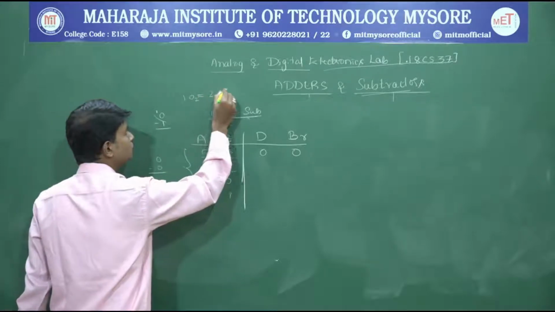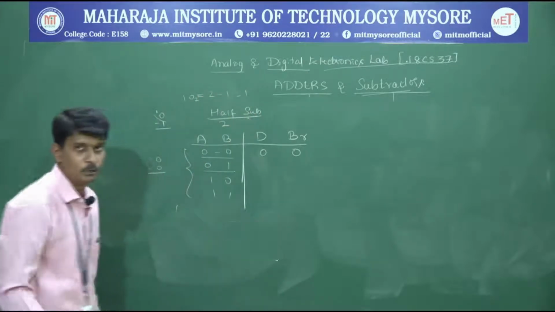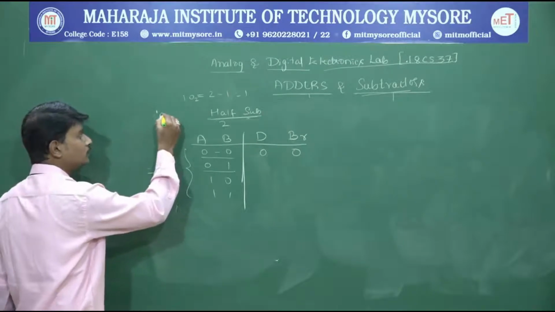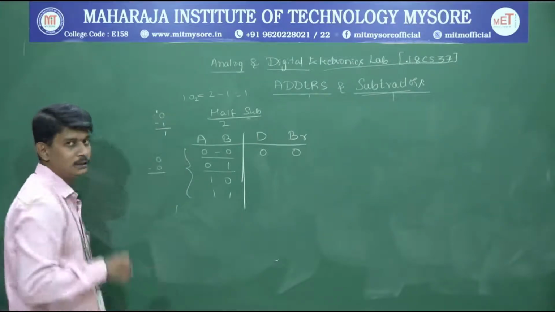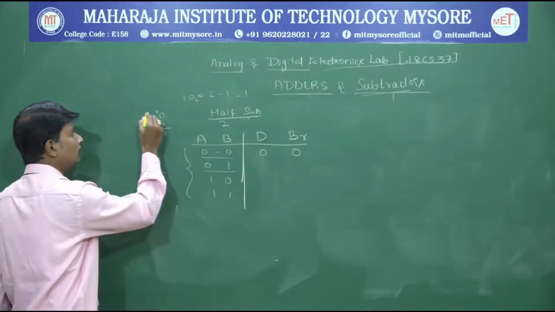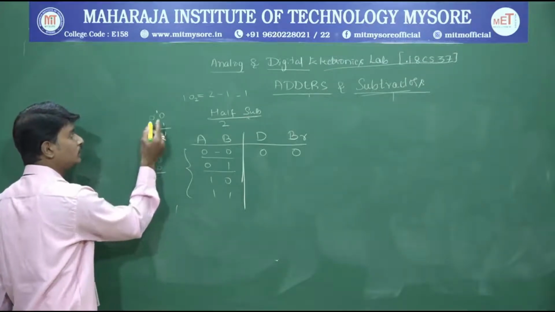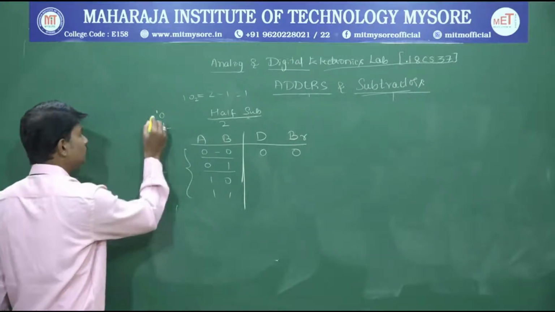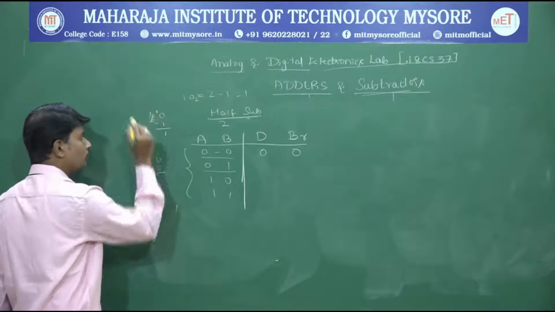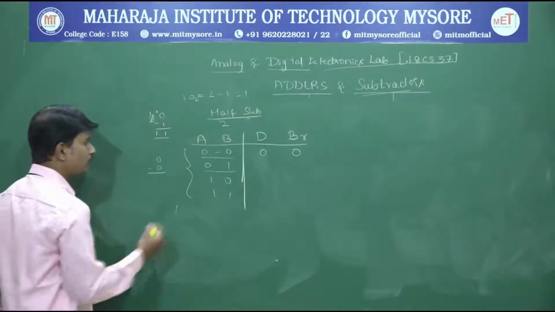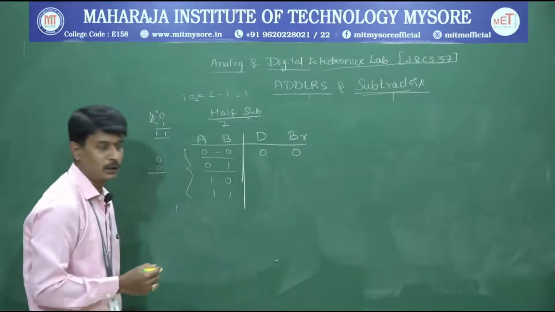If you subtract 2 minus 1, you end up with 1 itself. So I'm going to write the same thing here: this is nothing but a 2, and 2 minus 1 is 1. As we have already taken a borrow, the borrow is 1. So this is what happens when you subtract 0 minus 1.